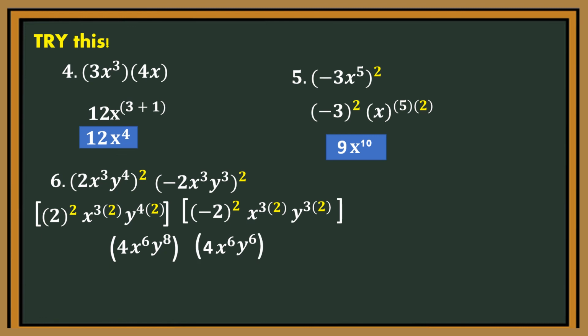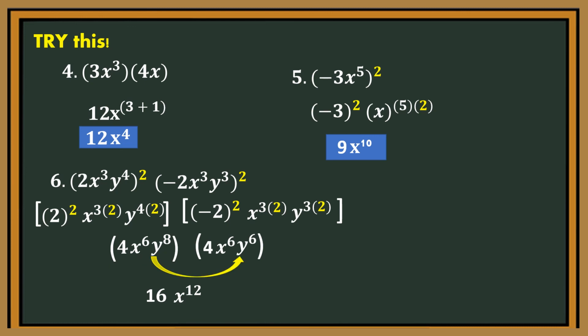This is not yet the final answer. We're going to multiply the two monomials. First, you're going to multiply their numerical coefficients. 4 times 4. That is 16. Since they have the same variable x, we just copy it and add their exponents.